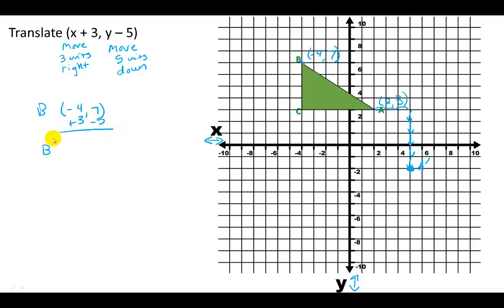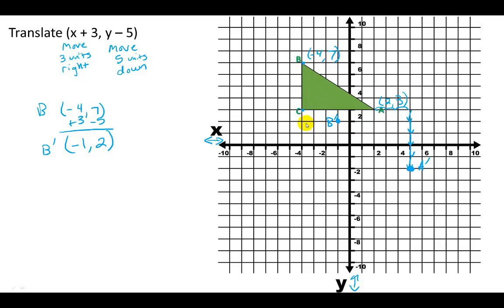That means our B prime is going to be -4 plus 3 is -1, 7 minus 5 is 2. So -1, up 2. B prime should go there. And if we check, if we go over 1, 2, 3, and we go down 1, 2, 3, 4, 5, it works.